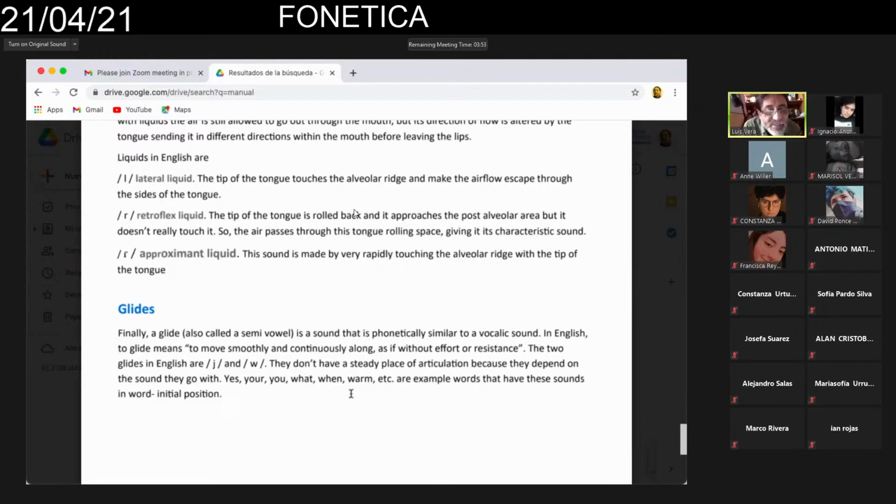The two glides in English are E and W, also called the yod and the vowel. They don't have a steady place of articulation because they depend on the sound they go with. Yes, your, you, what, when, warm, etc. are example words that have these sounds in word initial position.